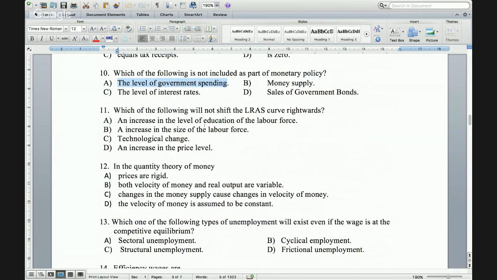An increase in the level of education of the labor force will definitely cause a rightward shift in the curve, because when the labor force is more educated, it expands the economy in terms of foreign direct investment coming in and producing here, looking for an educated workforce, and people being more educated to create startups, etc. An increase in the size of the labor force is definitely a cause of a rightward shift. You have more labor, and they contribute, and we have the potential to grow.